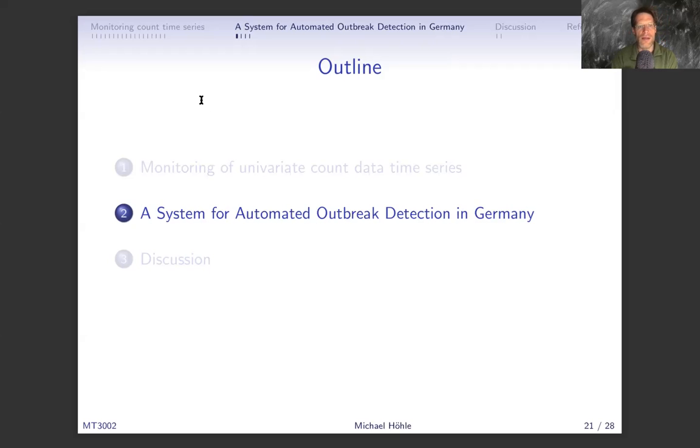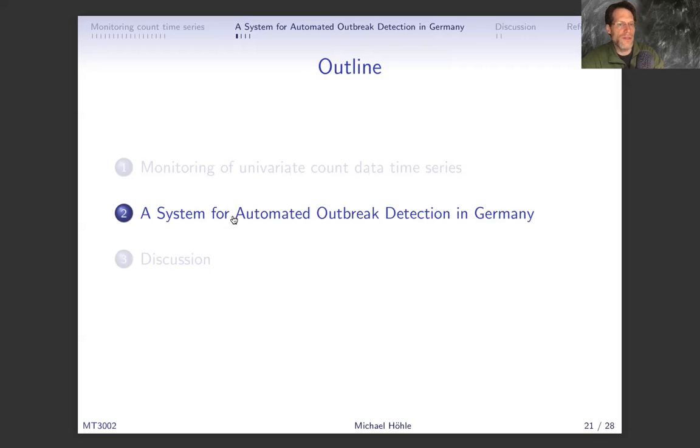The algorithm is based on work by Paddy Farrington, and what we provided and what is used in Sweden is the implementation in R. We have since also extended this, again based on work by Farrington, with modifications adapted to the needs of the German system.